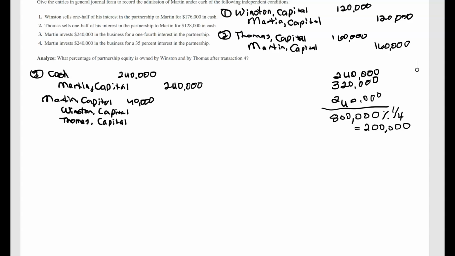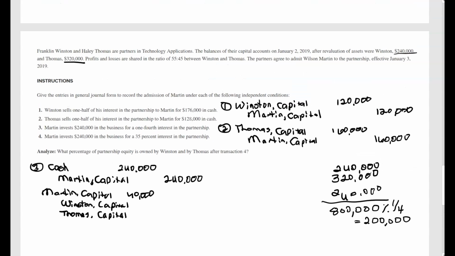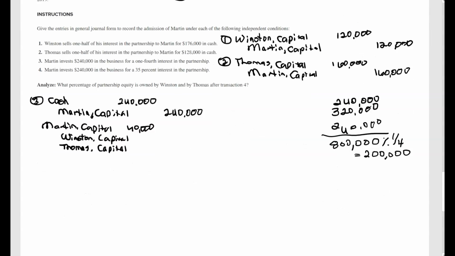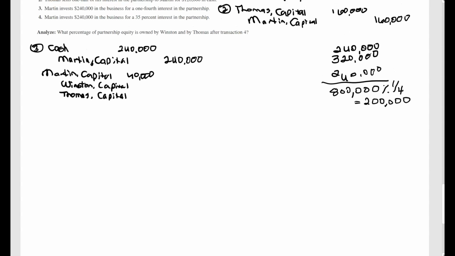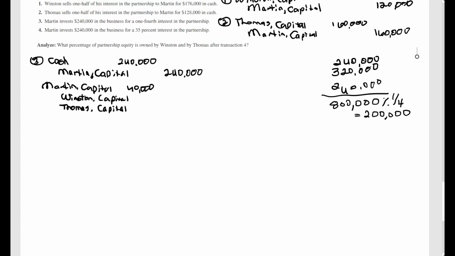It said in the beginning that the partnership is split 55% to Winston, 45% to Thomas. So we need to take that $40,000 and separate it out by 55% and 45%. When you do that, Winston is going to get $22,000 and Thomas is going to get $18,000.